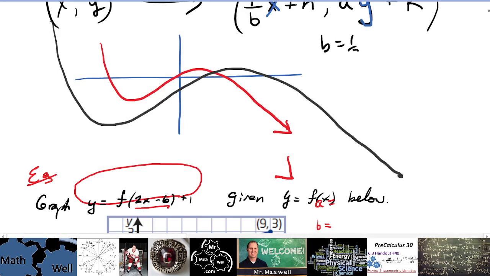B equals 1/3, then it's times 3 in a horizontal direction. So that means that this would go times 3, this would go times 3, this point would go times 3, this point would go times 3, and so on. Everything, and then this way, this point would go times 3. I think I did my A value and my B value here.